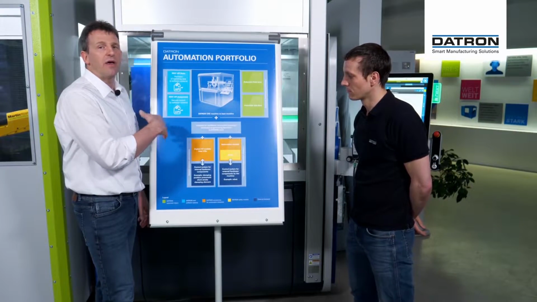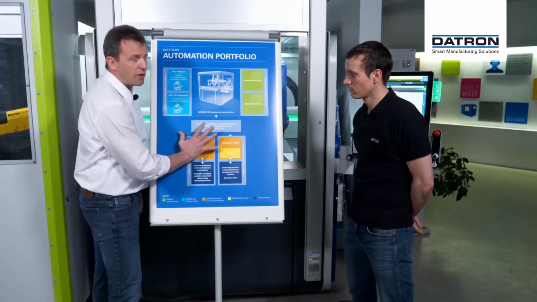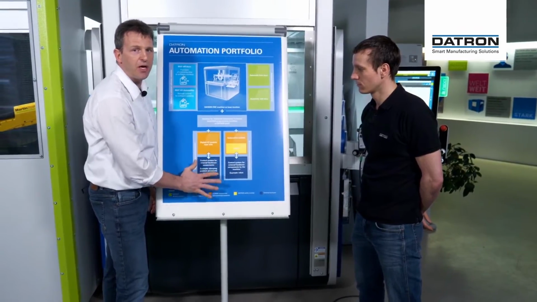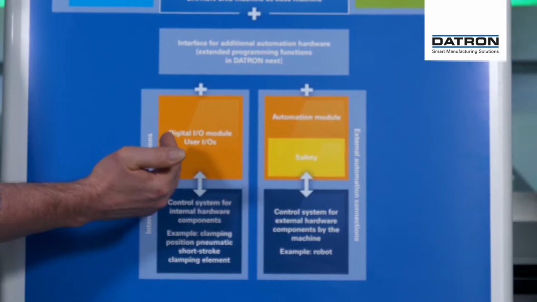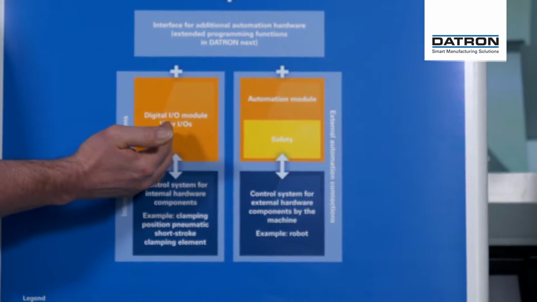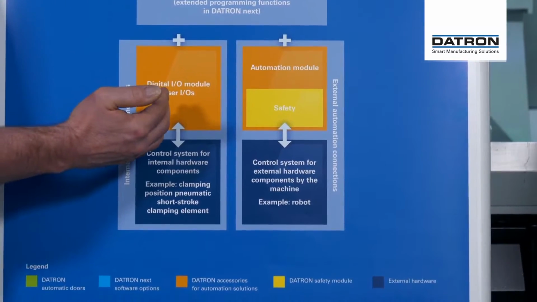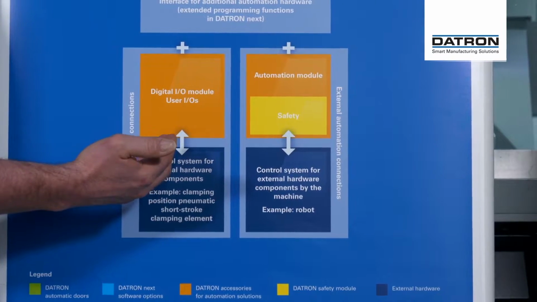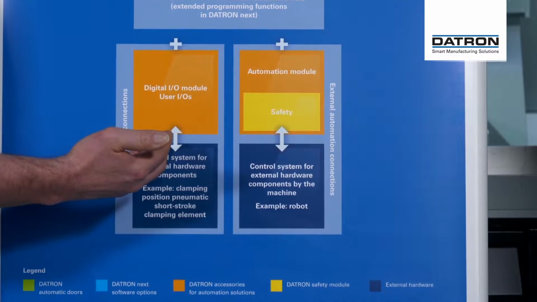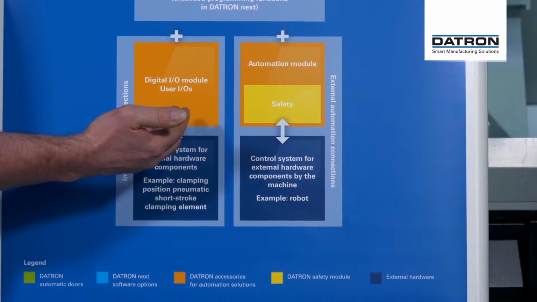Another thing is you have two kinds of interfaces, which you can see at the bottom of the flip chart. On the left hand side you see the digital user IOs. With the digital user IOs you can activate the clamping system on the machine, for example a vacuum system or a manual clamping system.